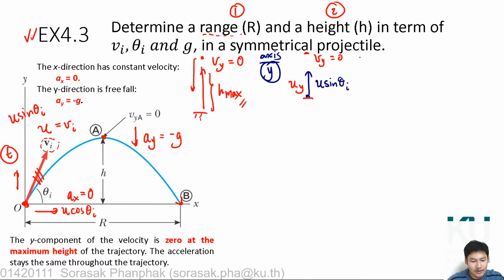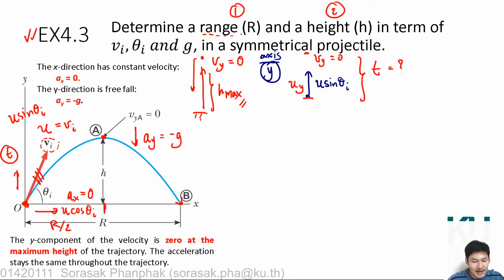You would like to determine how long it takes to reach the maximum position. When it reaches the maximum position, it has moved to the middle position, which is a distance of r over 2. You can use the relation of time to find the total r or even the height as well.